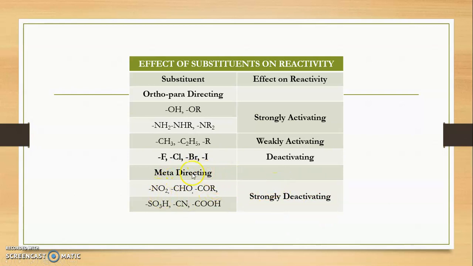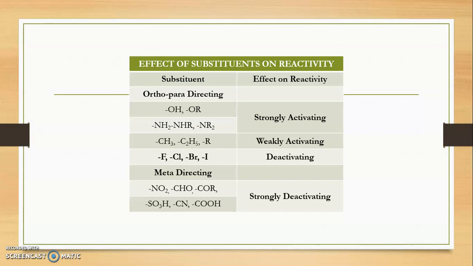When these groups are present on the benzene ring and we perform the electrophilic substitution reaction, such reactions proceed at very slow speed. So here you will have to use different catalysts or perform the reactions at higher temperature. This is the disadvantage of the meta directing groups; they are strongly deactivators of the benzene ring.